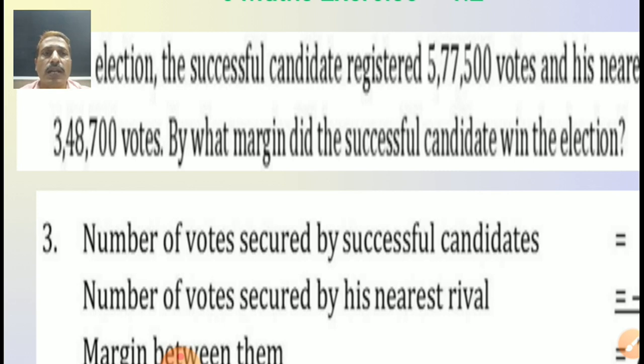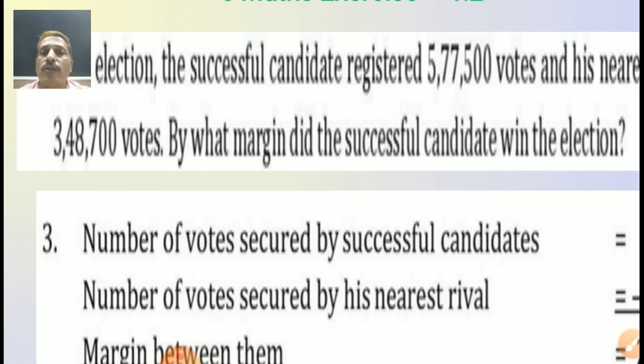See, what they ask us: how many more votes did the successful candidate get? What do we have to do, student? Addition, subtraction, multiplication or division? Yes, subtraction.